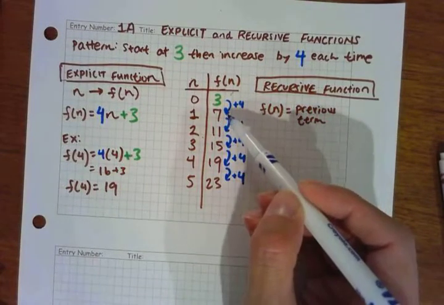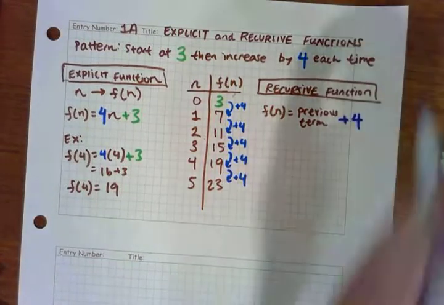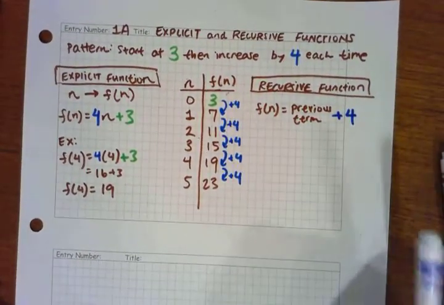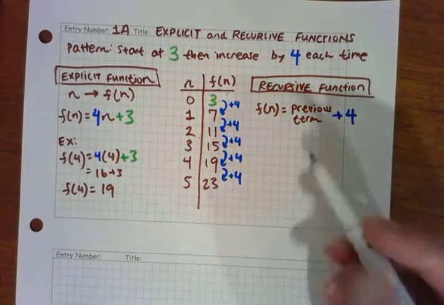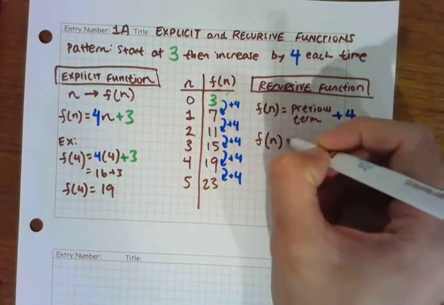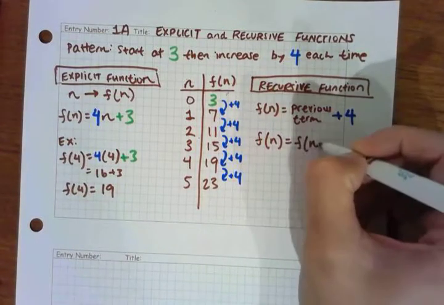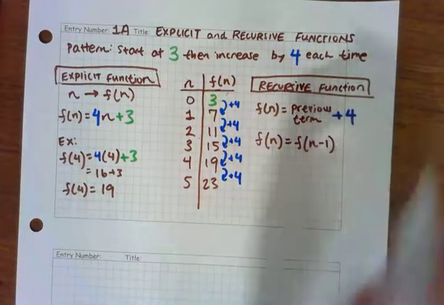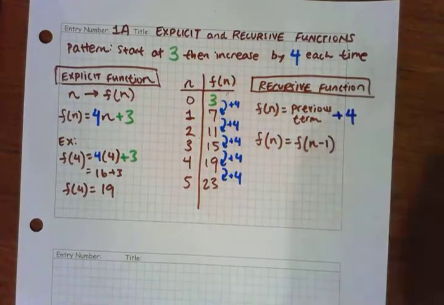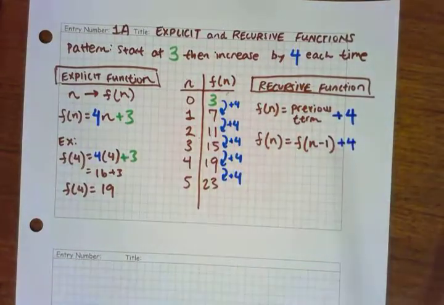So in this case, we're always increasing by 4, so it's whatever the previous term is plus 4. And so we can say that your f of n is whatever your previous term is, and to write our previous term in function notation, we'll write f of n minus 1. And you're adding 4 to the previous term in this pattern.